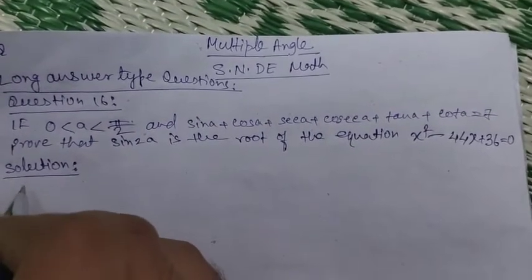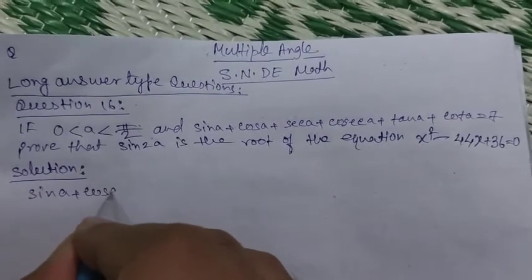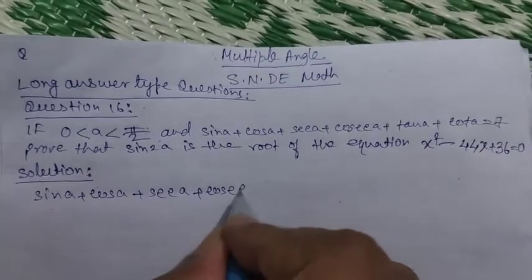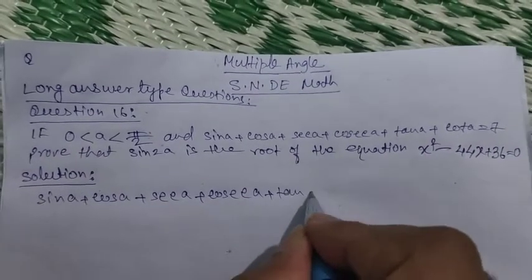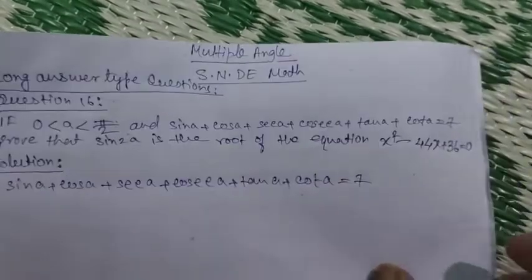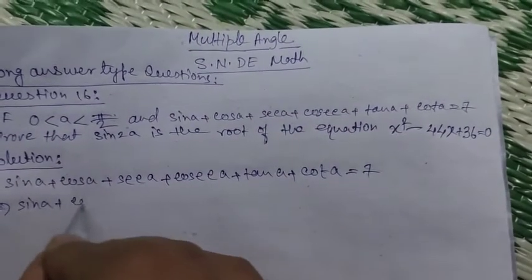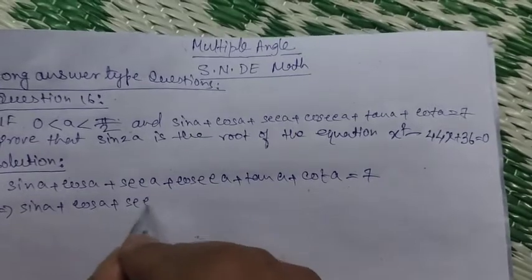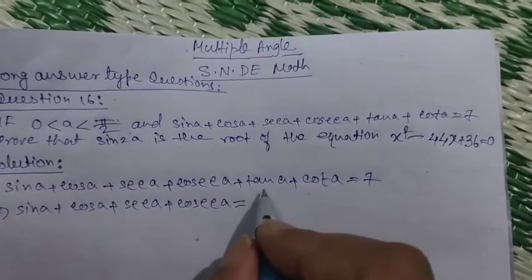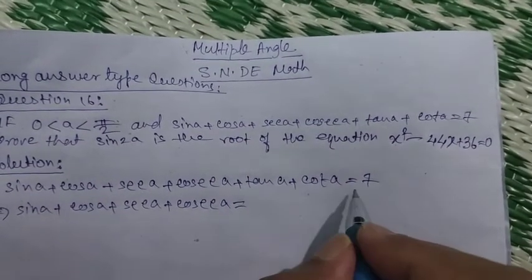First I will write this expression: sin a plus cos a plus sec a plus cosec a plus tan a plus cot a equal to 7. Now first, sin a plus cos a plus sec a plus cosec a equals, we will move tan a plus cot a from the left hand side to the right hand side.